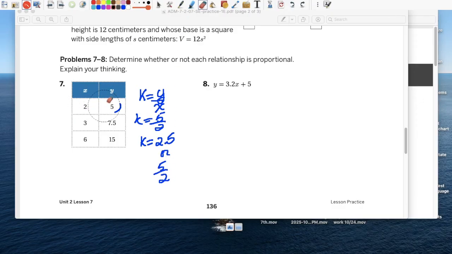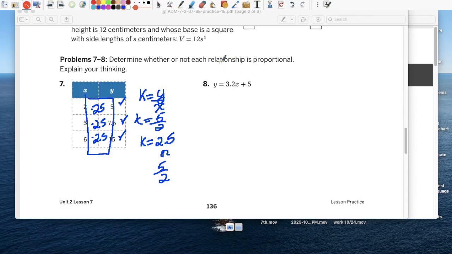So I'm going back to my table, and I'm going to write times 2.5, times 2.5, times 2.5. 2 times 2.5 is 5, that's right. 3 times 2.5 is 7.5, that's right. Is 6 times 2.5 15? Yes. So does this table represent a proportional relationship? Yes, because every pair has the same constant of proportionality.